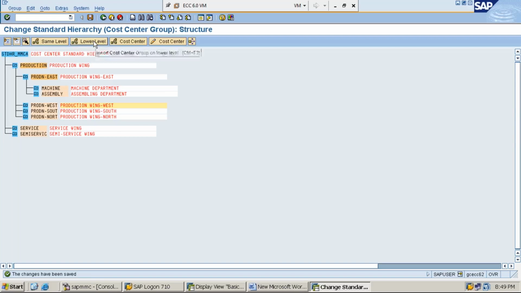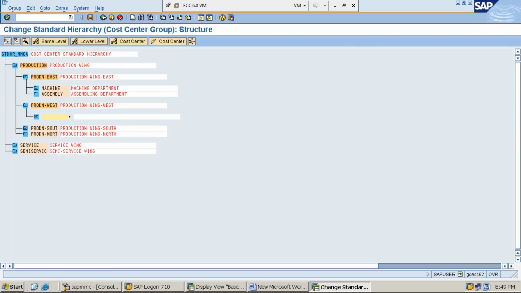Click on lower level. Machine department. Keep the cursor on machine department description. Click on same level.